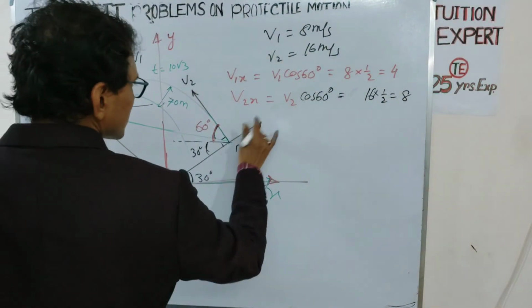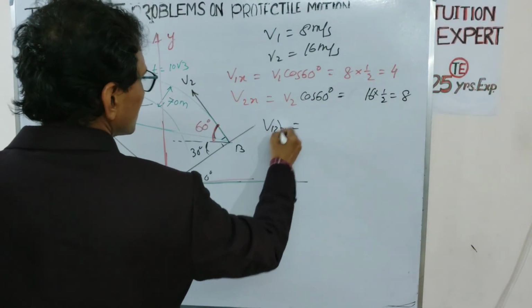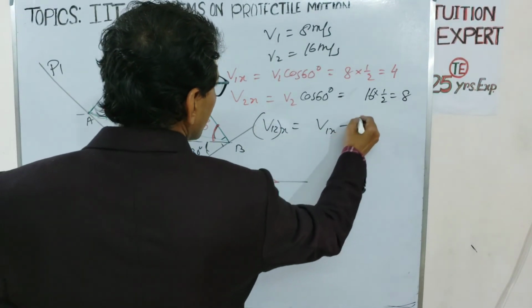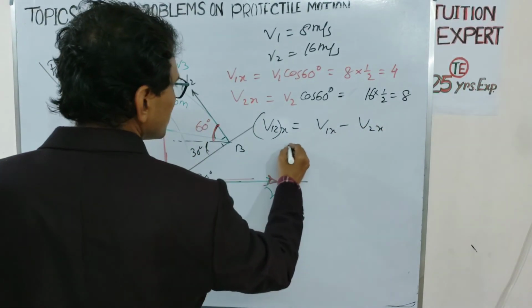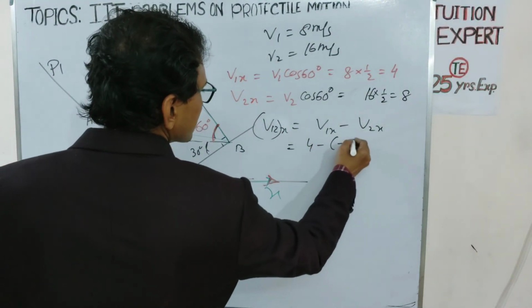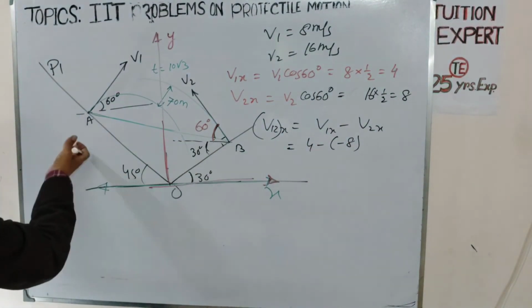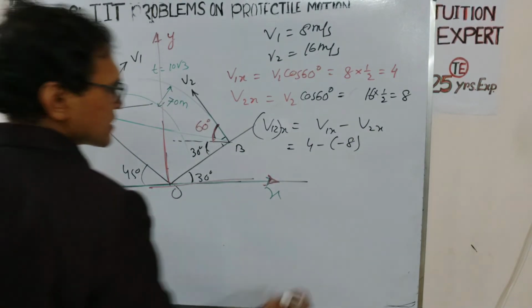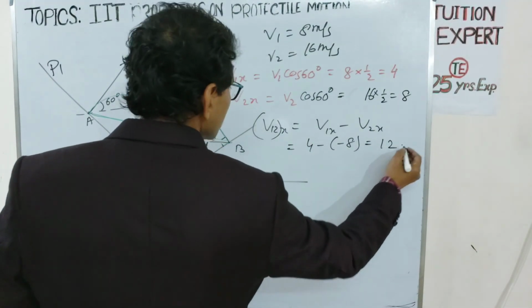Now V12x equal to V1x minus V2x, that is 4 minus 8, because this is along the negative axis and this is along the positive axis. So we have to take this.